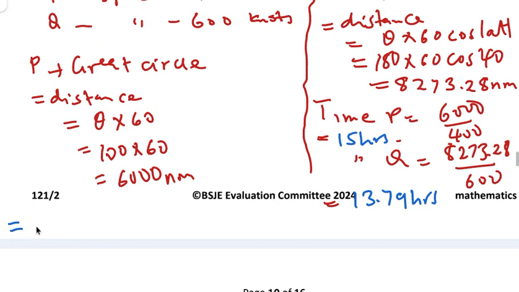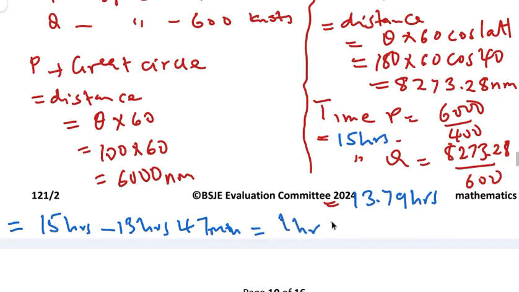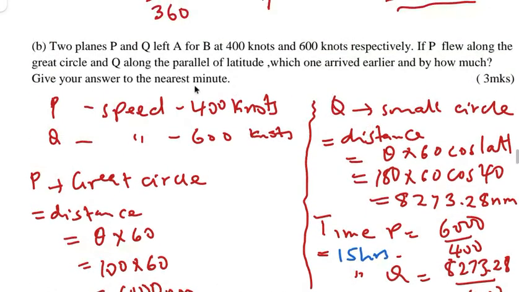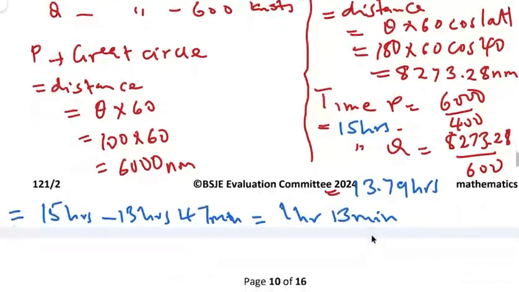You take 15 hours minus 13 hours 47 minutes, which is 1 hour 13 minutes, to the nearest minute. So your answer is 1 hour 13 minutes, and the one that arrived earlier is Q. So this is the answer.